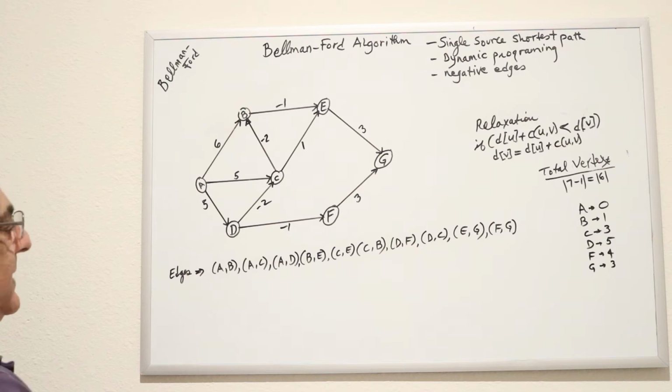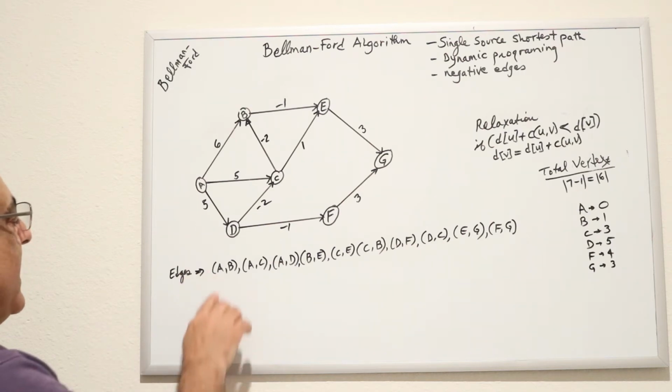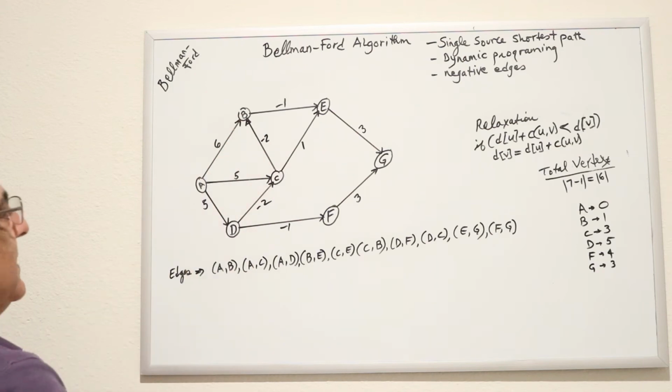So let's look at this. These are the total number of edges. I have A to B, I'm going to include that.